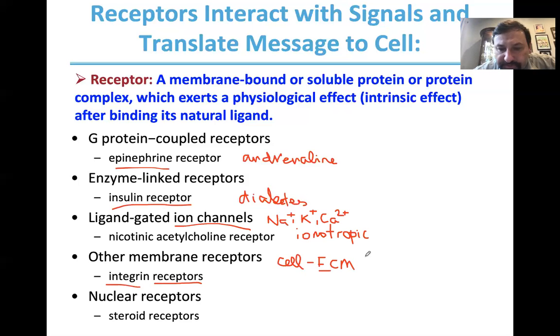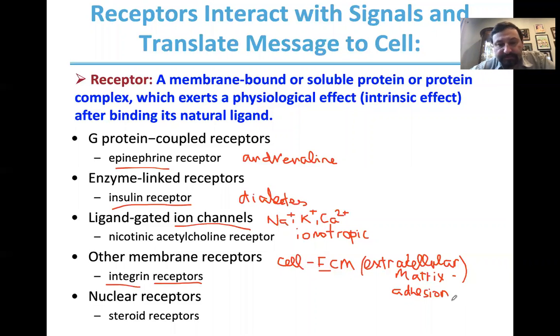So one of the main functions is actually a simple function of holding the cell attached to the extracellular matrix, right?